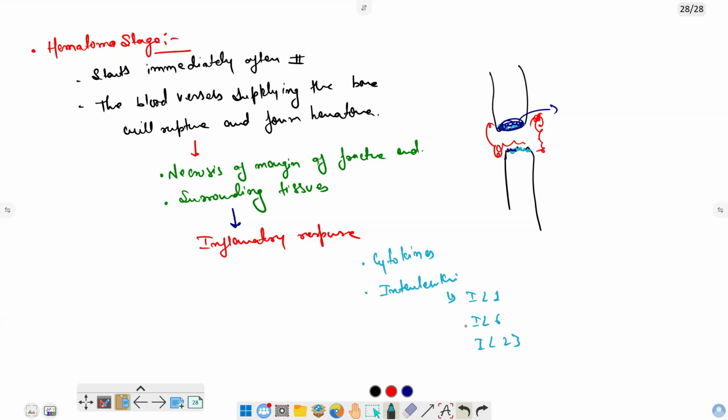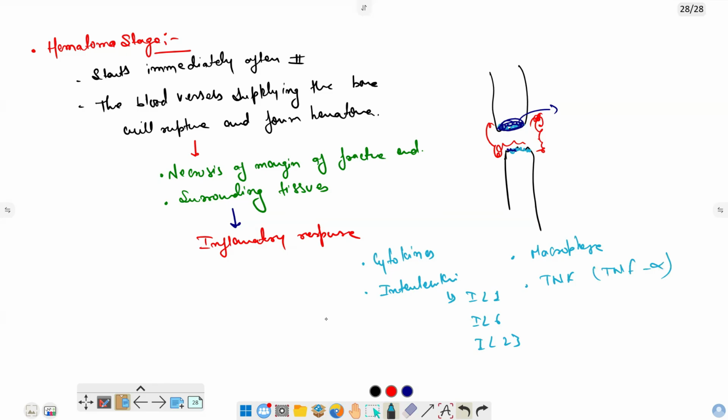Apart from that, there will be macrophages, and there will be TNF, tumor necrosis factor, basically tumor necrosis factor alpha. So these all are the inflammatory mediators.